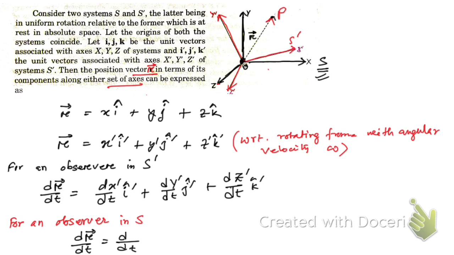time derivative of x dash times i cap dash plus time derivative of y dash times j dash cap plus time derivative of z dash times k dash, and also the unit vectors are rotating, right?